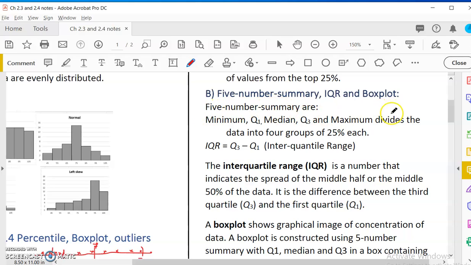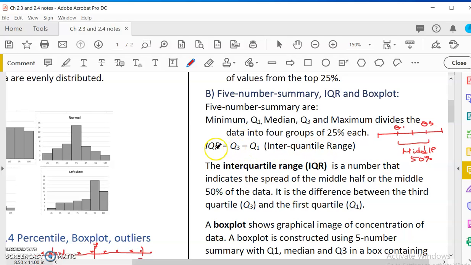If I separate everyone into quartiles, the middle between Q1 and Q3 would be the middle 50% of the data, because I have 25% at the bottom and 25% at the top. This is called the interquartile range, the middle 50%, and we call it IQR.